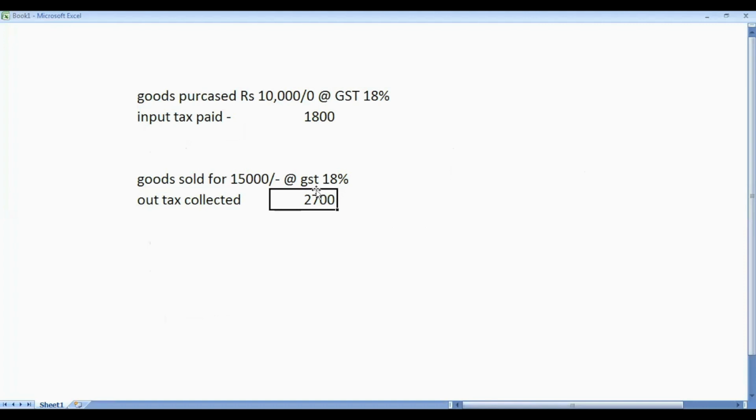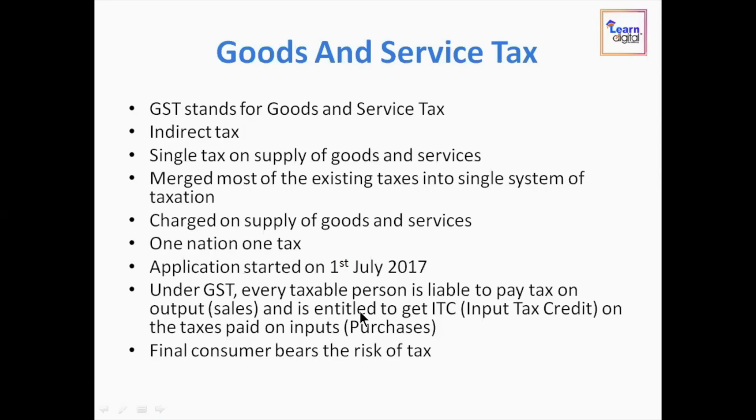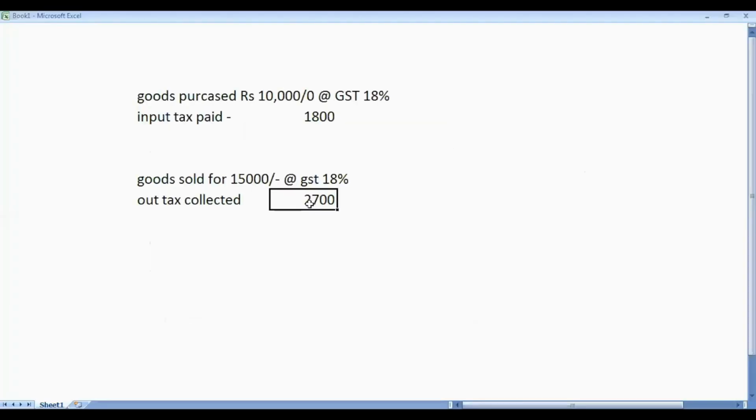But before depositing this tax, he is entitled to get ITC, input tax credit, on the taxes paid on inputs. Means before paying this 2,700 to the government, the taxable person can take the credit of this 1,800 because he already paid 1,800 to the supplier, and the supplier has already paid this to the government as GST.